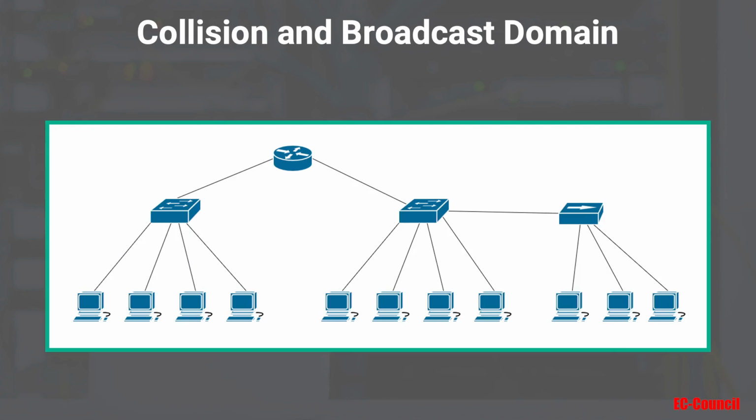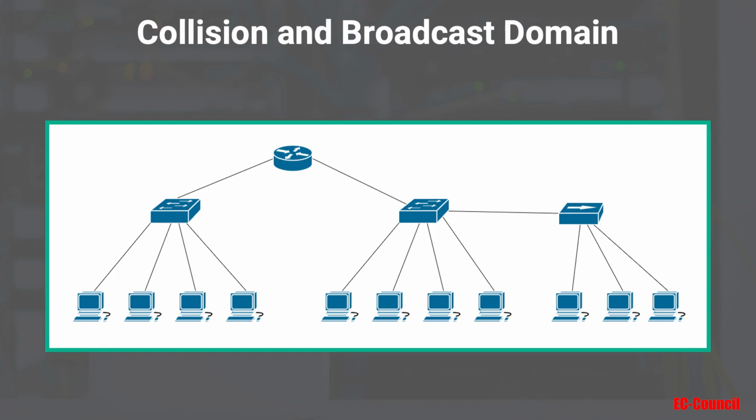Let's take a look at this diagram. Here we can see we have a router, switch 1, switch 2, and a hub. Pretty much we have a small network. Now let's imagine that we have PCA here. If PCA sends a broadcast message, what will happen?